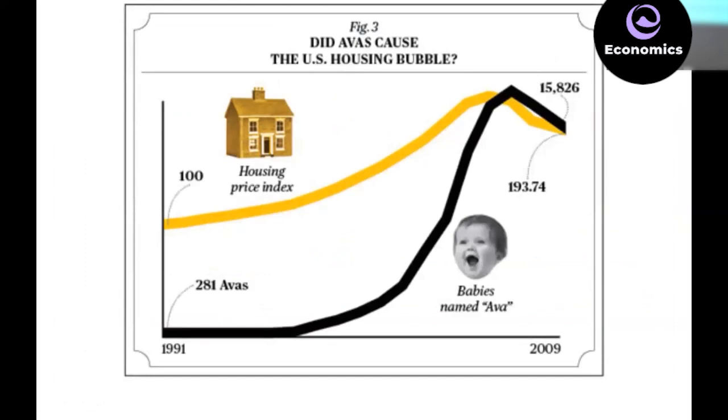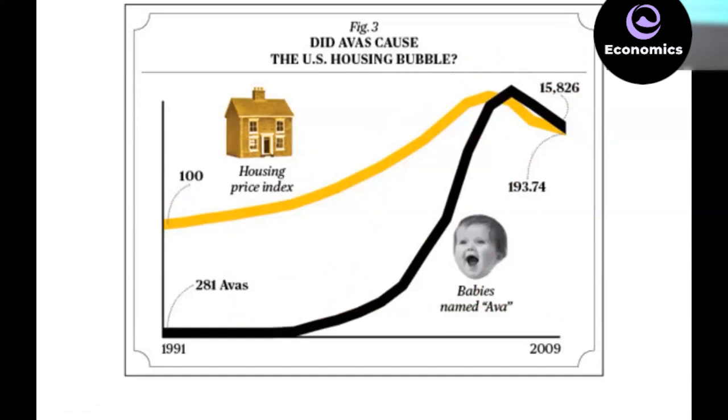Here, there's another correlation. One is the house price in the US, and the other one, the yellow one, is the popularity of babies named Ava. And we'll see there's a correlation there. That correlation could just happen by chance. Right?